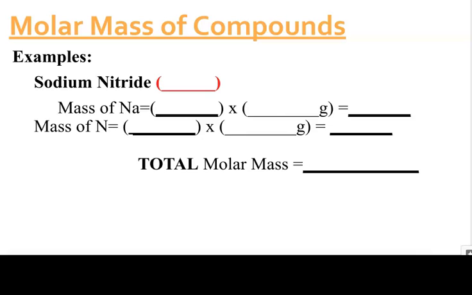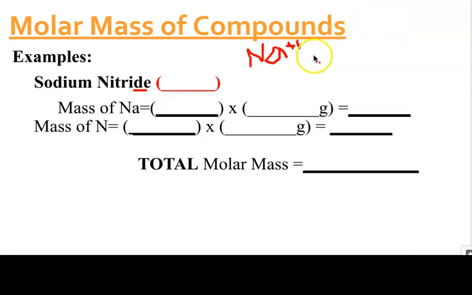So next example, it says sodium nitride. Okay, before we can even solve this problem, we have to first write our formula. Okay, so our 4-step formula, step 1, I'm going to write this over here. Symbols, Na. Step 2 is charges. So my charge for sodium is +1. Nitride, IDE, so that means it's not in the polyatomic ion box.